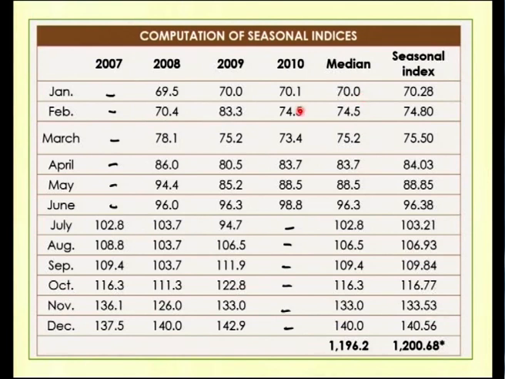The next values are 70.4, 83.3, 74.5. These 3 values are not arranged in ascending order. When you arrange them in ascending order, it is 70.4, 74.5, 83.3. Among these, 74.5 is the middle value, so 74.5 is the median and is written here.